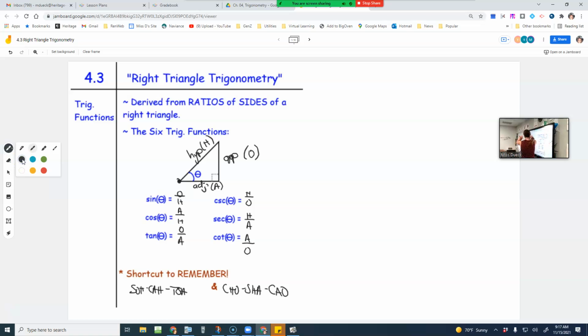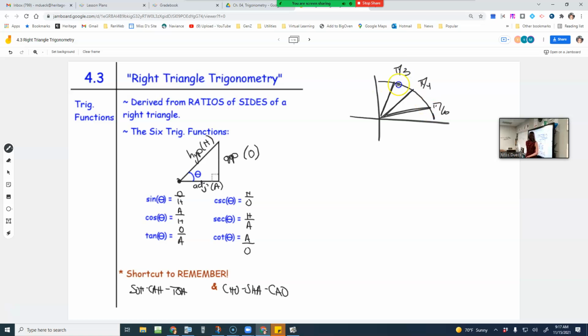Don't we also have special reference angles within our first quadrant of pi over 4, pi over 6, and pi over 3? And how does that correspond to degrees?